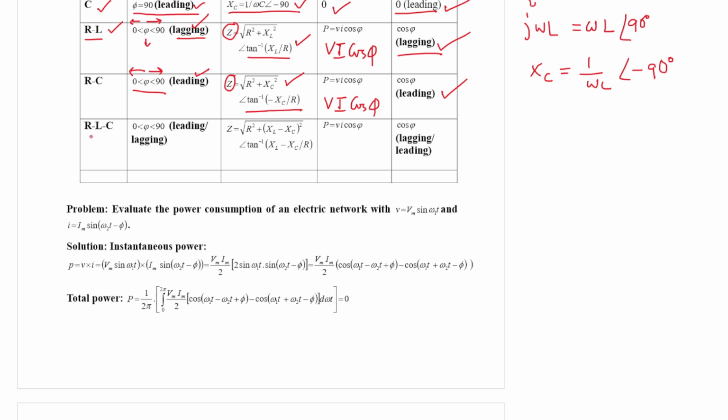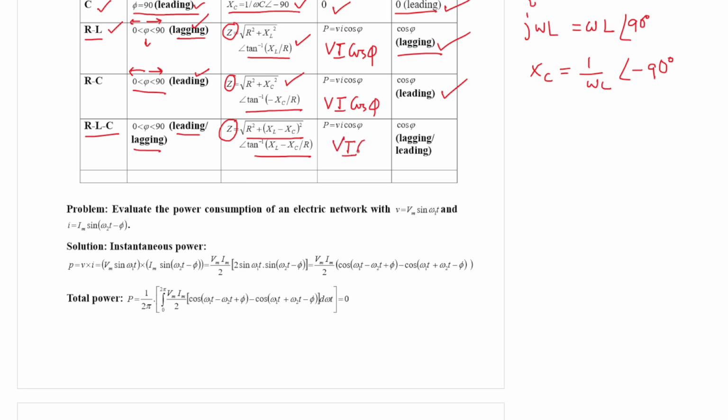Now finally we have the RLC series circuit. Phi can take any value from 0 to 90 degrees depending on the values of R, L and C. It could be leading or lagging. It provides an impedance of this value and also an angle.